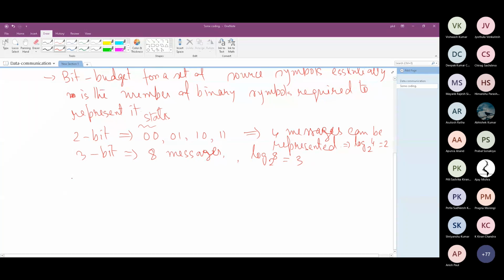So for a binary bit stream, n messages require log n to the base 2 binary digits.